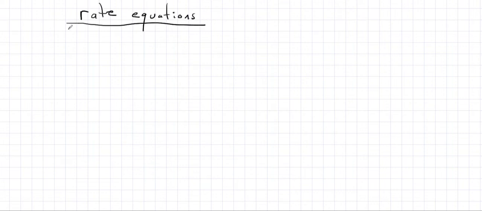Now, the rate of the reaction is usually a function of the concentration of reactants. It may be a function of the concentration of products.